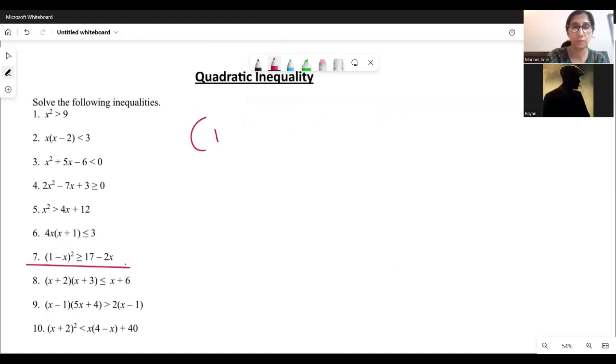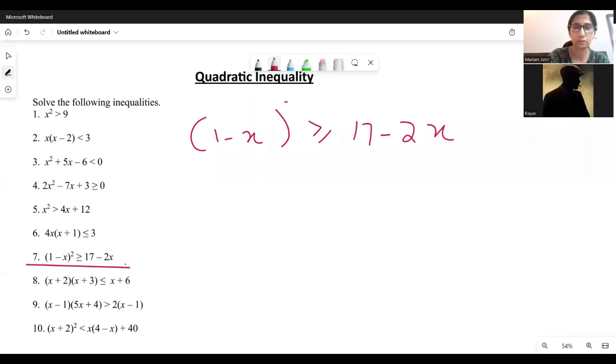We have (1 minus x) square greater than or equal to 17 minus 2x. Oops, there's a square outside of the bracket. Question 7. Okay, let's expand this. I'm going to use the algebraic identity a square minus 2ab plus b square. You can write both the brackets twice and expand it using the longer method.